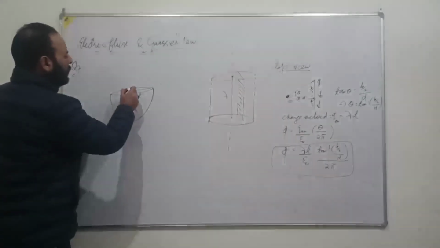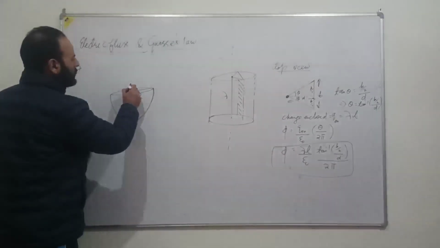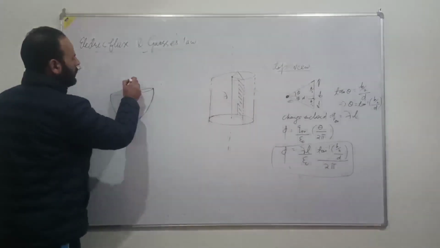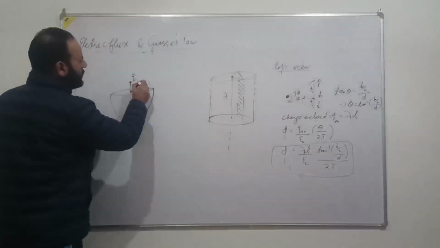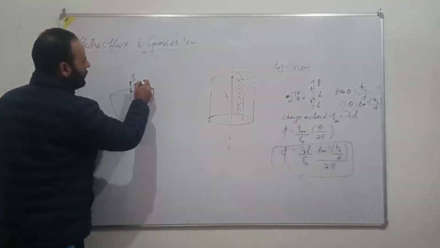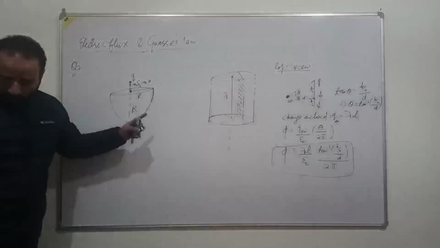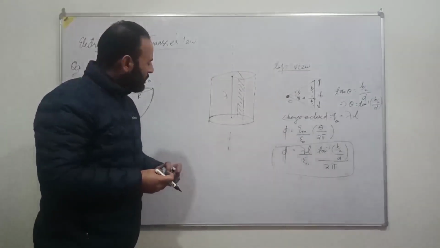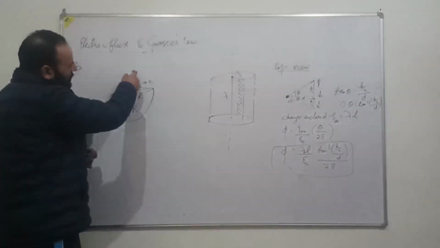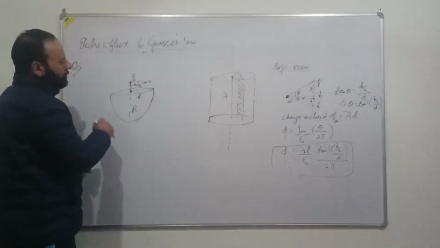Now a charge q is placed here such that this distance delta r tends to 0. When the question is given like this, with delta r tending to 0, it means the charge is very close to the center of the base of the hemisphere.